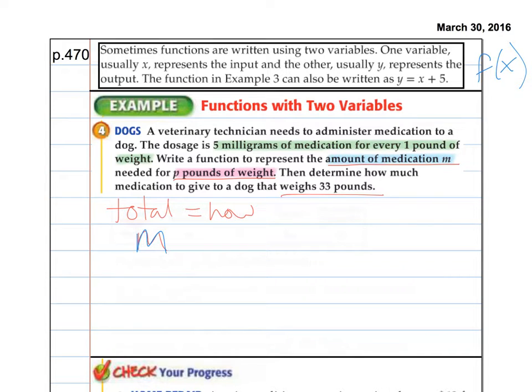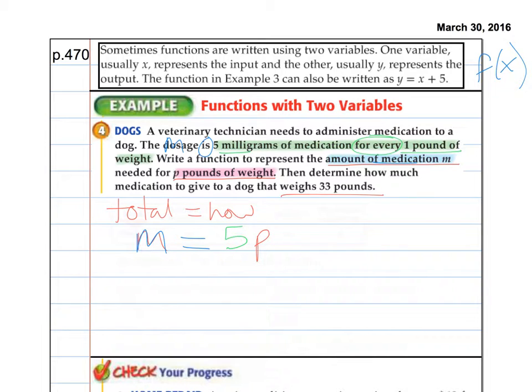Maybe I'll put that in blue since it's blue over here. And that medication, the amount we need, is equal to the dosage, and I'll put this in green, 5 milligrams, it's 5 times for every 1 pound. So for every 1 pound, the number of pounds that the dog is.